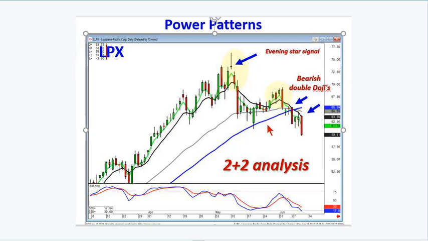What are the probabilities for a reversal with a red candle bullish engulfing signal in the oversold condition? Less, Jim. Just simple logic from the Japanese rice traders: if you see a candlestick sell signal in the overbought condition, that means something.